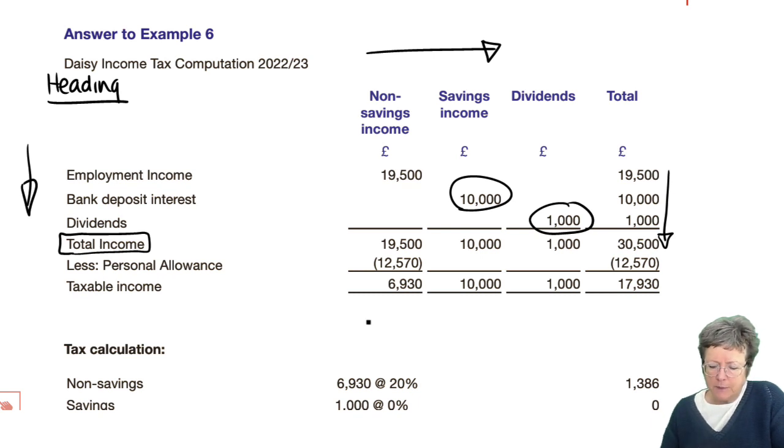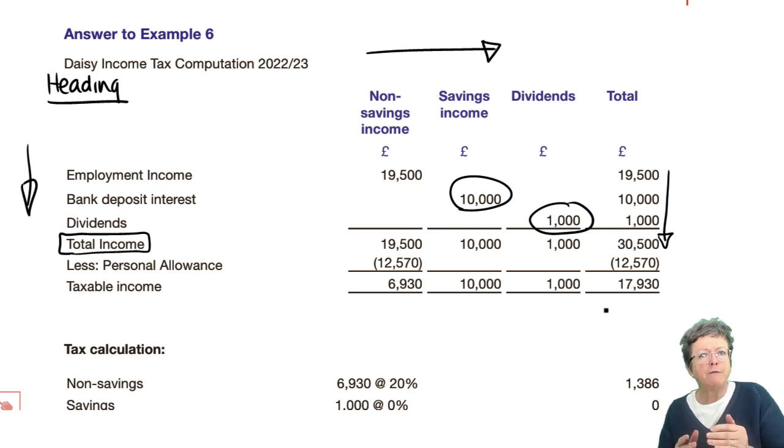Gives us taxable income total of 17,930, which is comprised of non-savings income of 6,930. So she's above that 5,000 limit, so that should be clicking in your head there. Savings income of 10,000, dividend income of 1,000. This kind of question is more likely to be a section C kind of question because there's a lot involved in this.